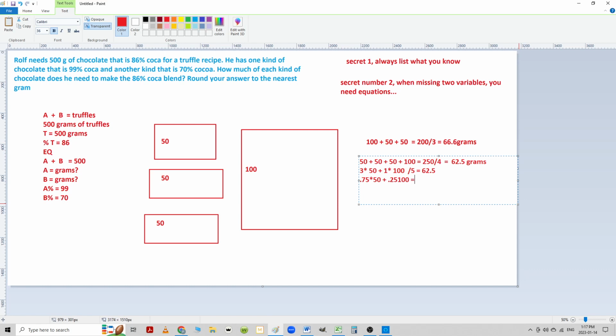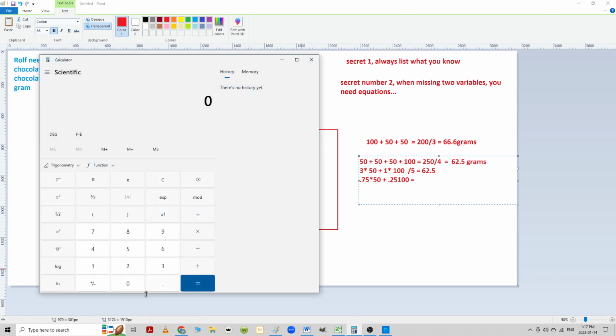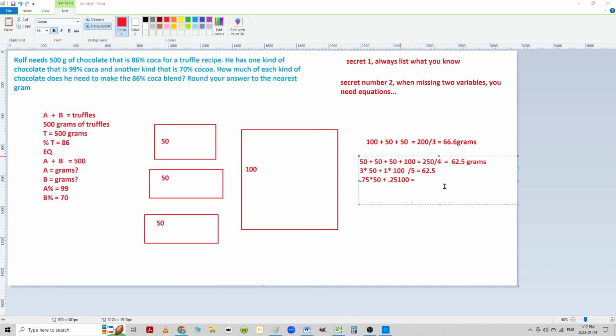So 0.75 times 50 is 37.5, and 0.25 times 100 is 25, and it still adds up to 62.5. So we can see dividing it into percentages still works.